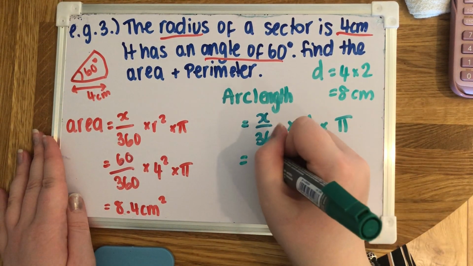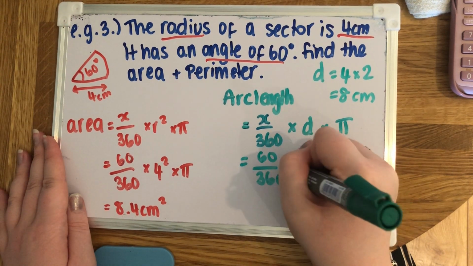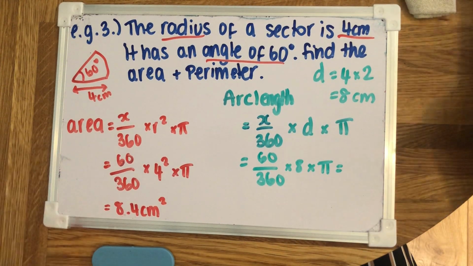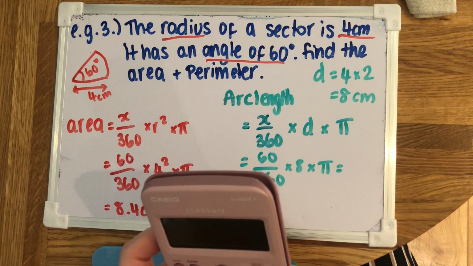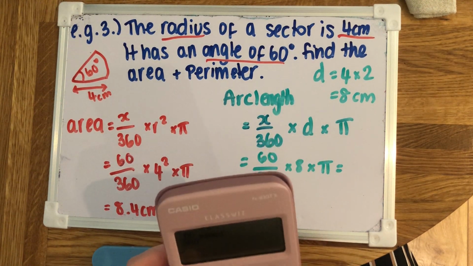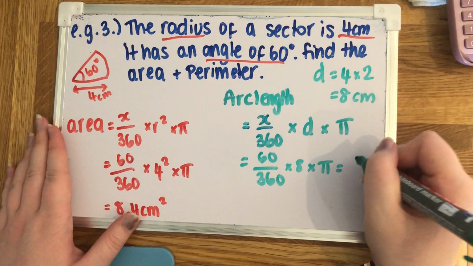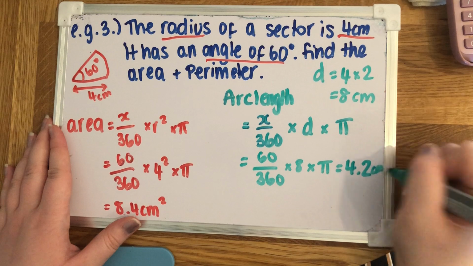So we've got 60 divided by 360 times 8 times pi. Type that into a calculator. You can do it all in one again. It's quite a nice topic because you can use a calculator a lot of the time. That's 4.2 centimetres.